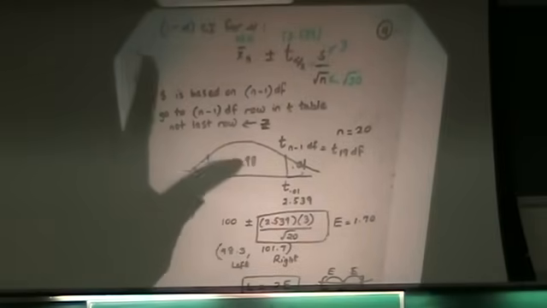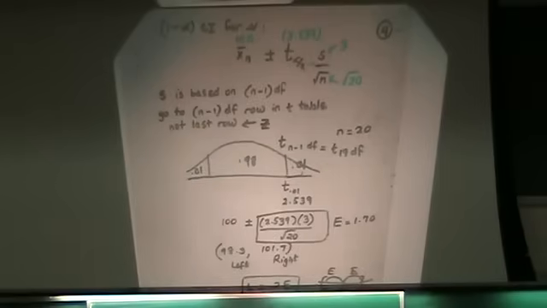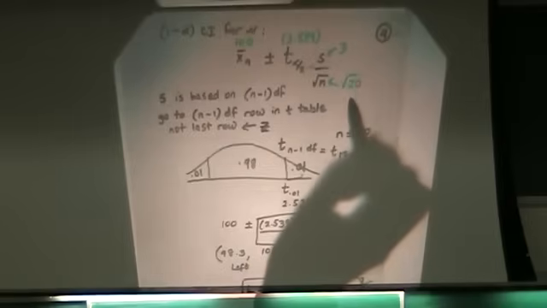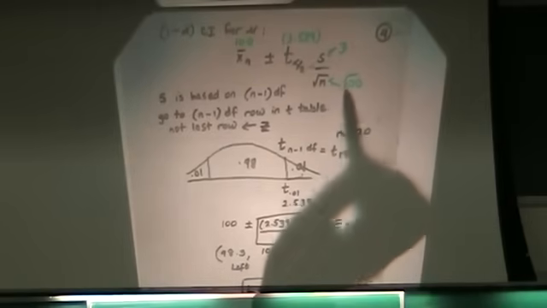I'm looking for the 98% CI for mu. It's just the previous page. X bar was 100. S was 3. N was 20. Okay, I want to do this problem on the calculator.